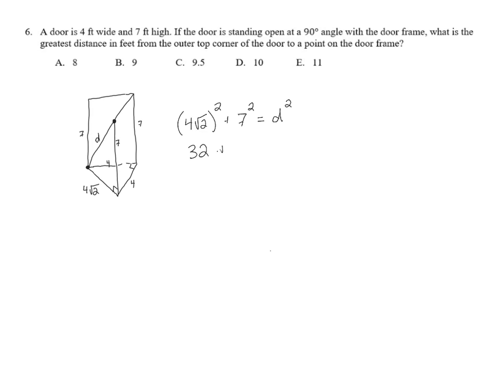Plus 7 squared is 49 equals d squared. 32 plus 49 is 81. And we know that if d squared is 81, d has to equal 9, and that's answer choice B.